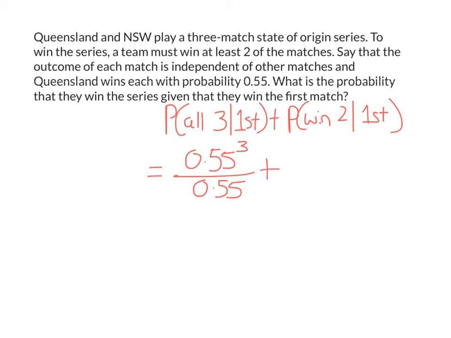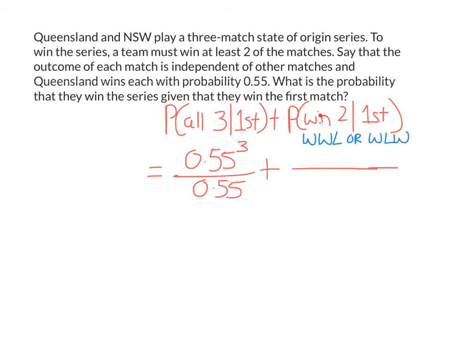For this second one, the probability they win 2, given that they win the first, we have to find the probability they win 2 and they win the first. We could have them win the first 2 and then lose, or we could have them win the first and the third.